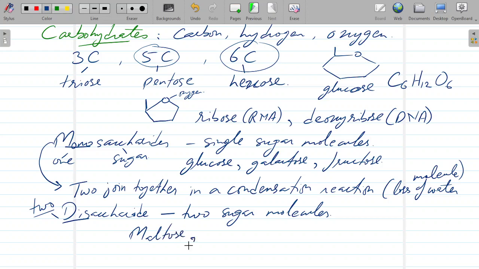In fact, I'll write down three: we're concerned with lactose as well, and sucrose. So maltose is a sugar. It's made up of two glucose molecules. It's the sugar that's found in bread, for example. Lactose is made up of glucose and galactose.